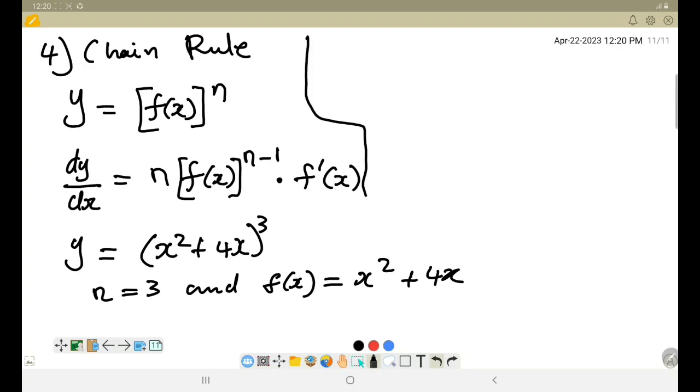So let's just do it here on the other side. f prime is equal to, we differentiate here, we get 2x plus 4.